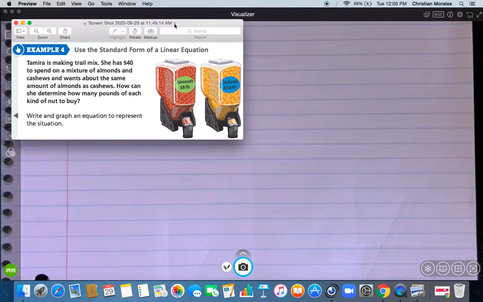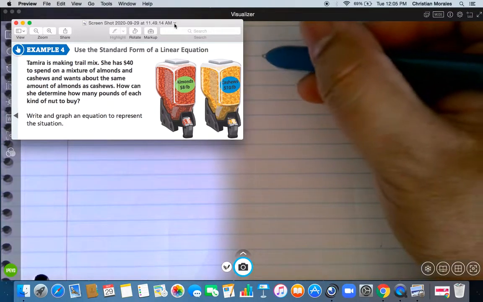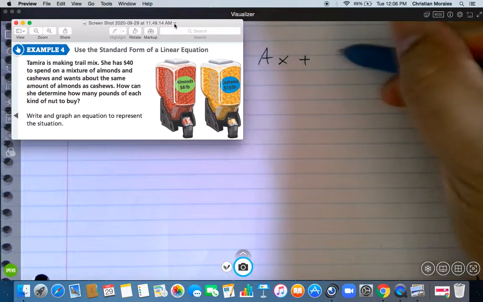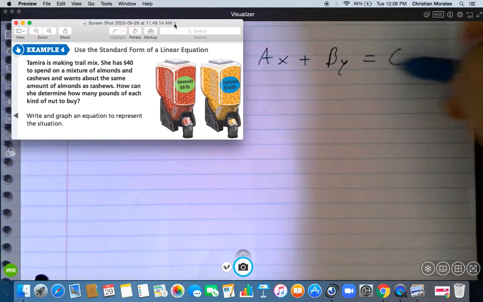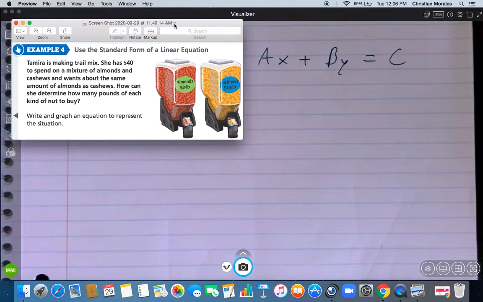All right, so let's start with the equation. We're going to write it in standard form, because what they give you is how much she can spend on making this, the total amount that she can spend.